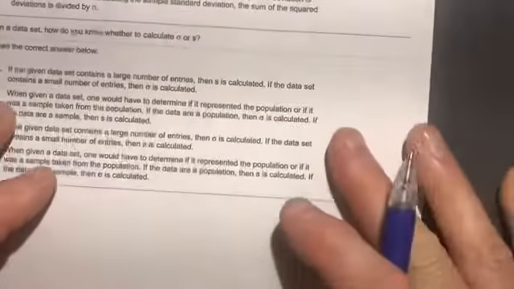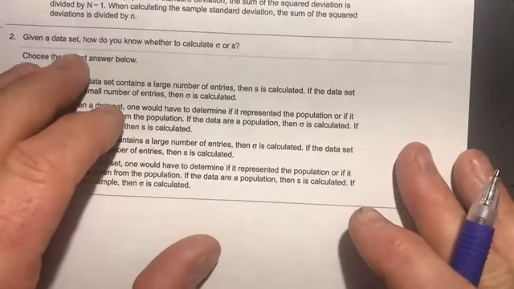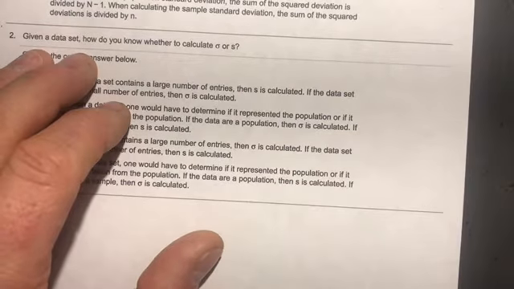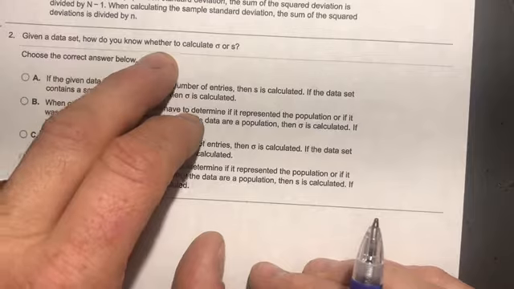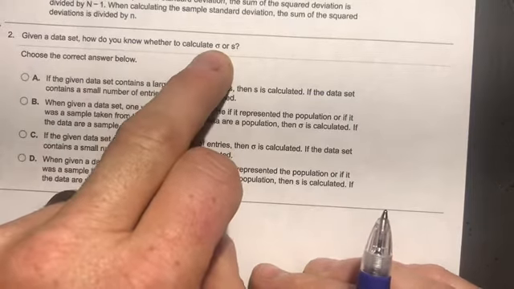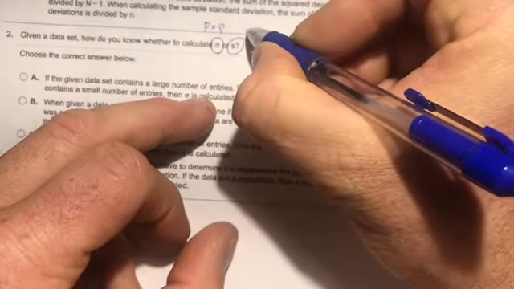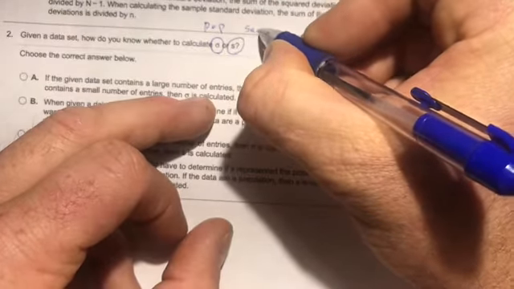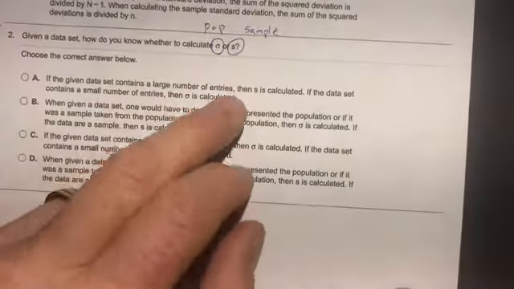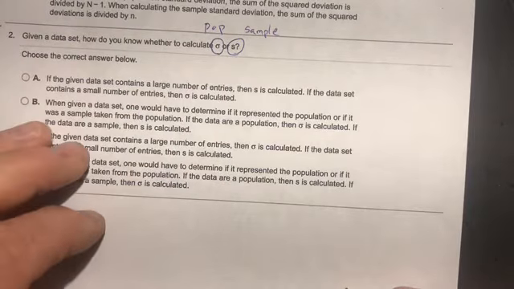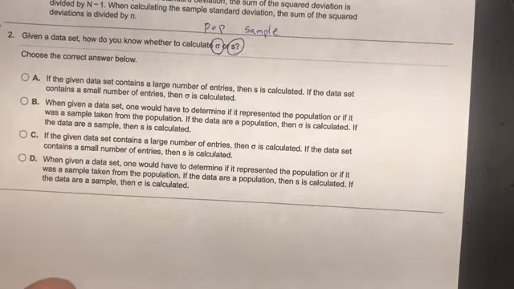Now what about number 2? Number 2 says, given a data set, how do you know whether to calculate sigma or S? Well, here you go. Sigma is population, whereas S is sample. Let's see which one says that in here.